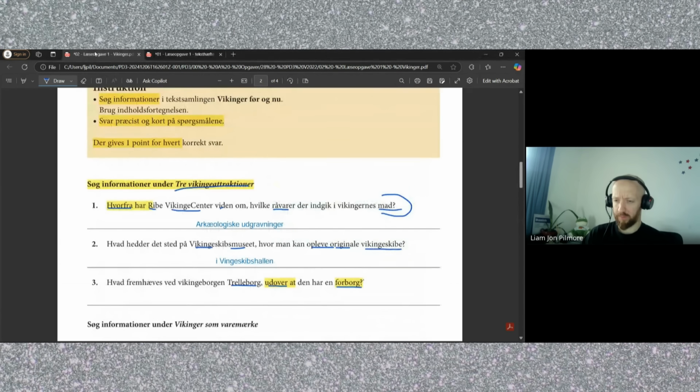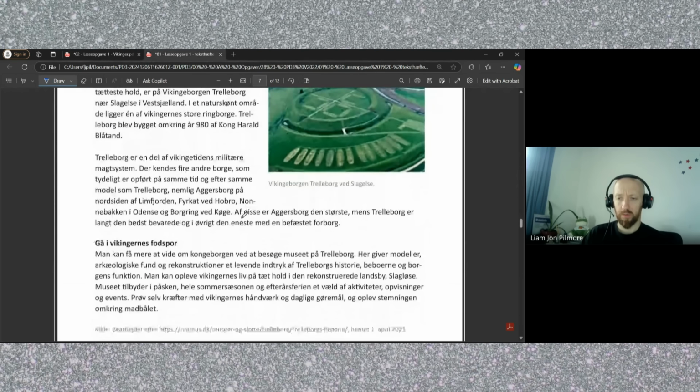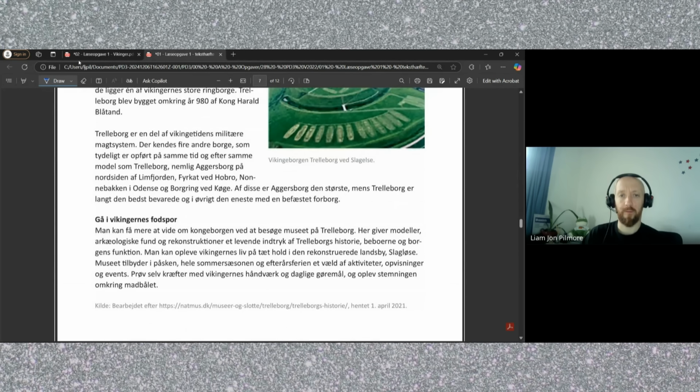So what was my keyword? Forborg, udover. Okay. I spotted right away down here, forborg. En befæstet forborg. So now let me go back and read the entire sentence. Agerborg den største, mens Trelleborg langt den bedst bevarede, og i øvrigt den eneste med en befæstet forborg.